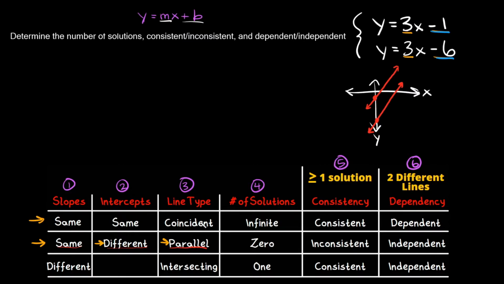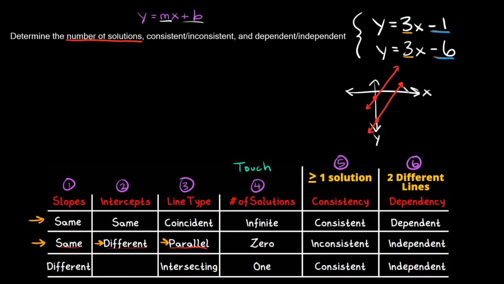Now, why do we want to figure out the line type? Well, that helps us figure out the number of solutions, which is the first part of our question. If you're trying to figure out the number of solutions, that's really just talking about touch. It just wants to know how many times both of your lines touch.